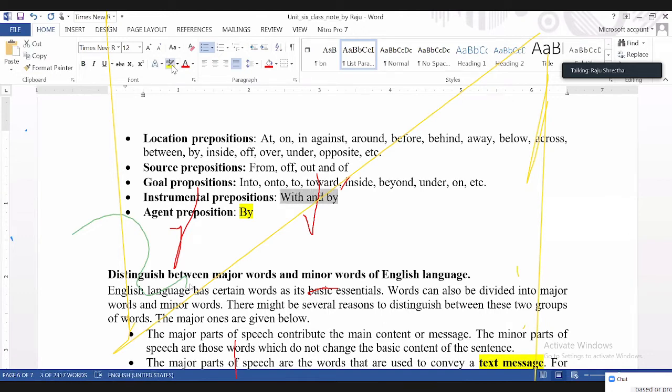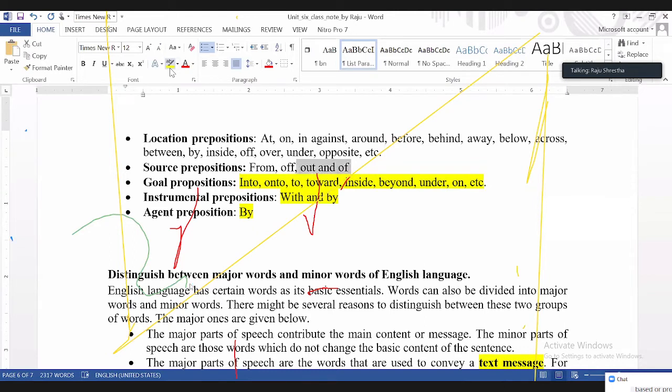With instrumental, with knife, by knife, we use like this also. These are also prepositions. And goal prepositions means onto, into, to, towards, inside, beyond, under, on. These are goals. I run up to the post office, I'm moving towards the school. This is goal, up to the destination.